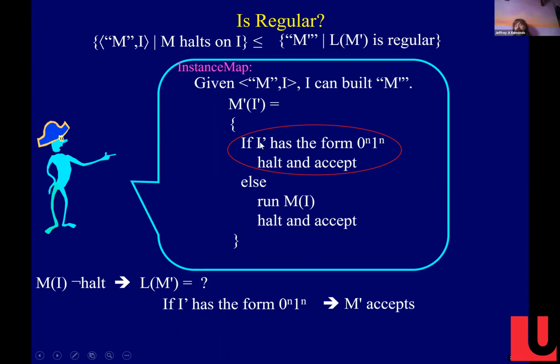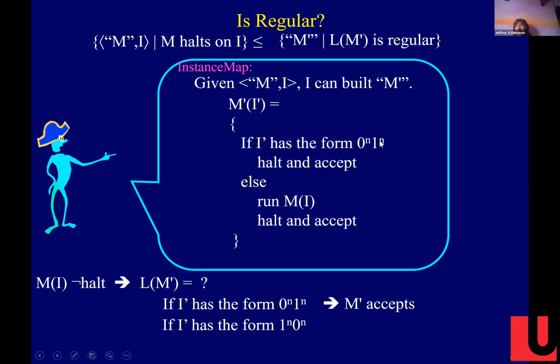First case, if its input has the form 0 to the n, 1 to the n, then clearly M prime halts and accepts. Here's another case. What happens if the input has the form 1 to the n, 0 to the n? What does the code do?